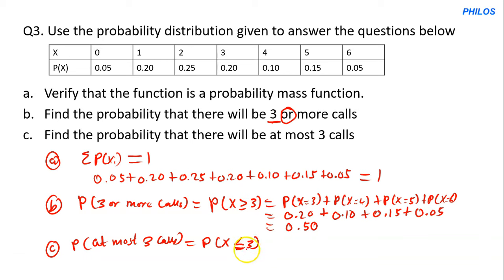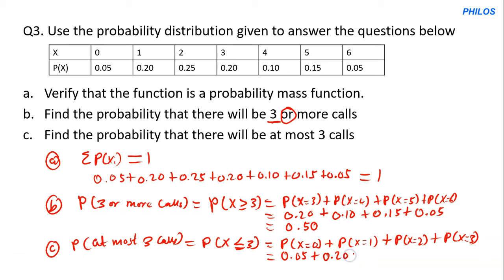At most 3. Okay. So that will give us probability that x is exactly 0, or x is exactly 1, or x will be exactly 2, or probability that x will be exactly 3. So probability that x will be exactly 0 is 0.05. Plus probability that x will be exactly 1 should be 0.20.